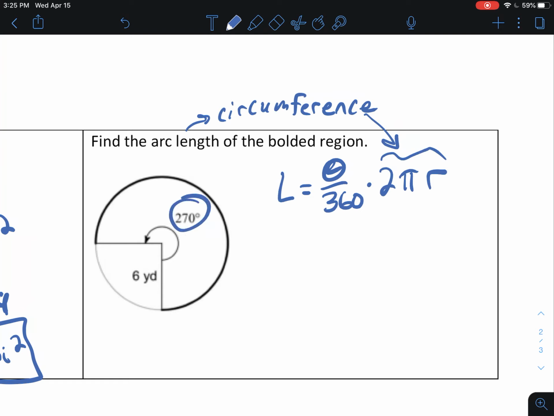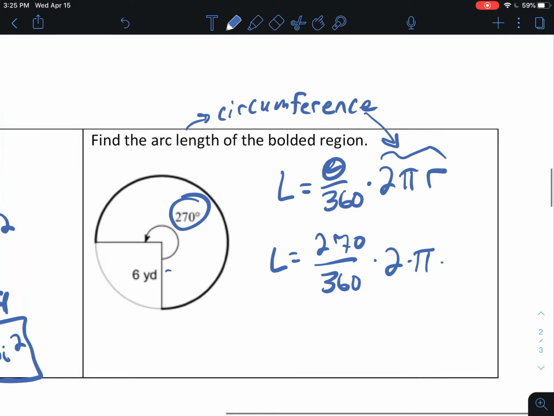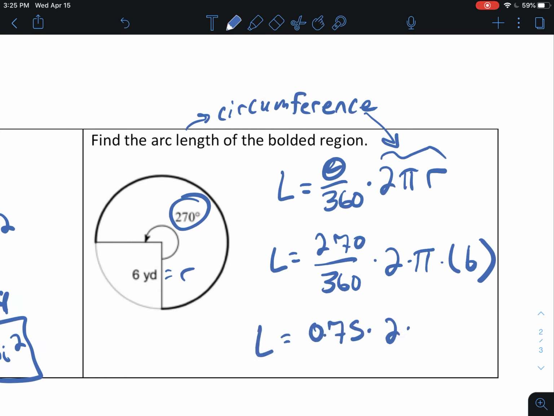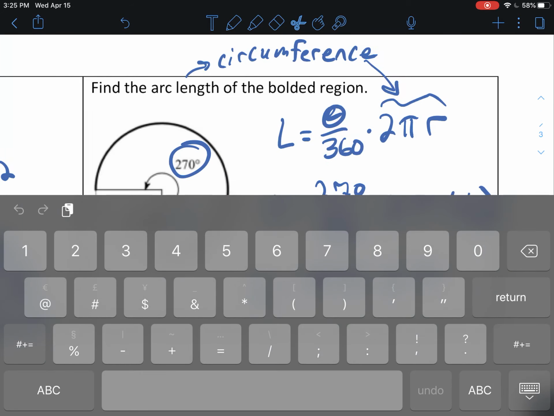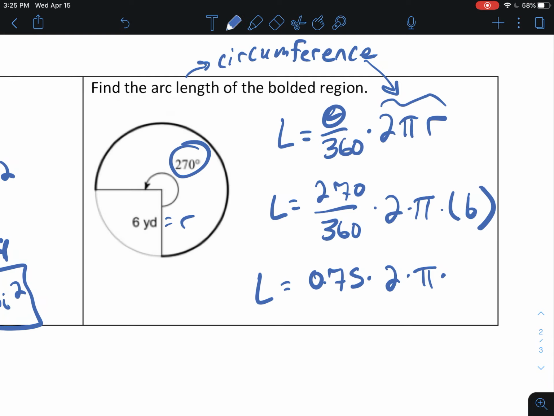So then we just plug it in. 270 is the angle, so 270 divided by 360 multiplied by 2 times pi times the radius, which is 6. And then again, 270 divided by 360 gives us our decimal, so L is 0.75 times 2 times pi times 6, and we plug that in.